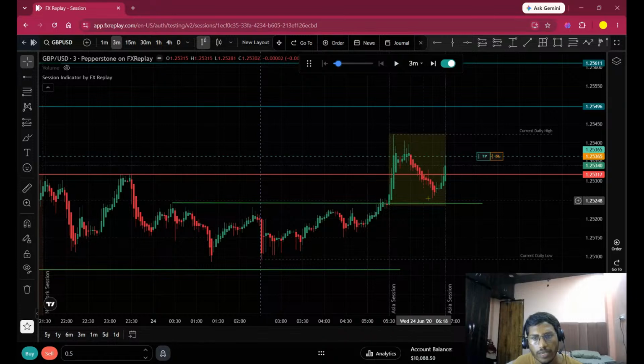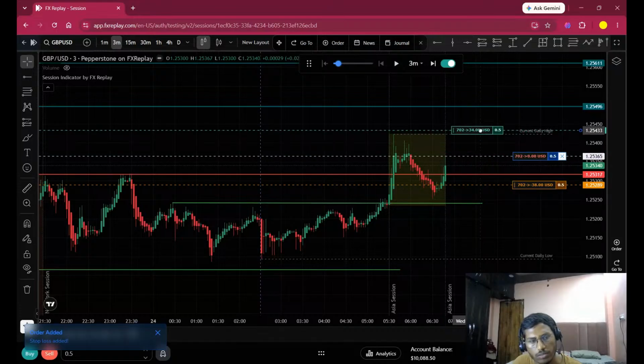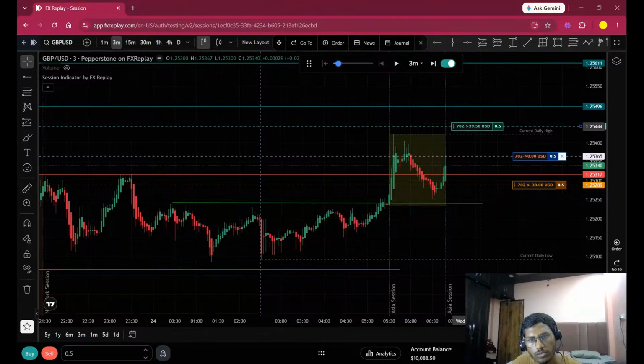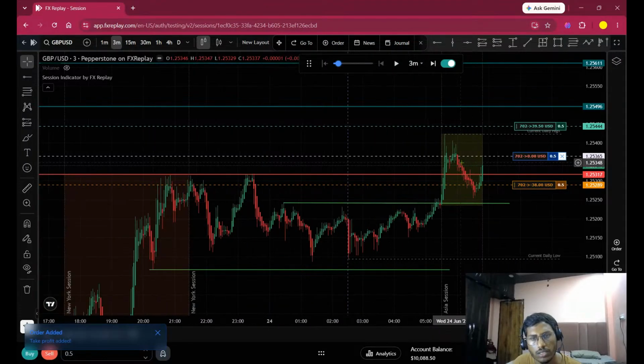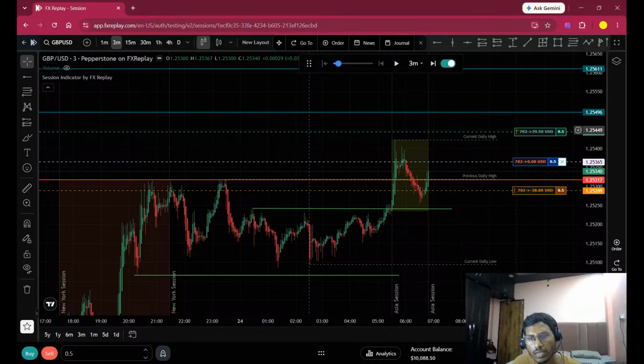Here I'm going for buying. So for this one, I will take my SL here, which is $38, and first I will target 1:1. I can go for two, but first we will go for the 1:1, and let's see whether it is hitting my SL or TP.